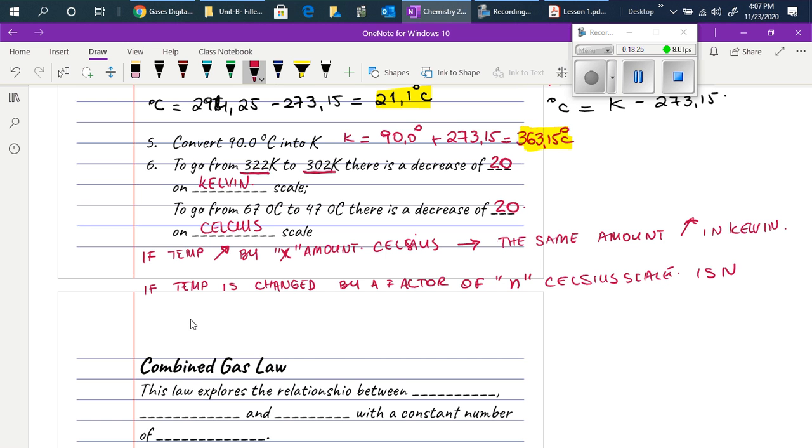This is important: a change is not reflected by the same factor on Kelvin.